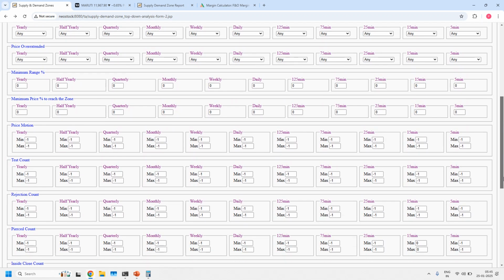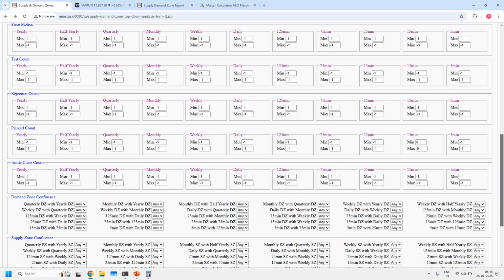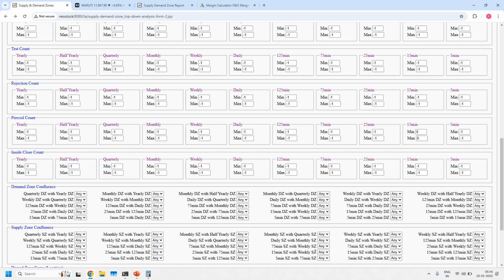Now scroll down and go to the supply zone confluence. Here we have to set 3 filters for LTF, ITF, HTF zone confluence, the supply zone confluence filters. We already set the first filter, LTF and ITF supply zone confluence. The remaining 2 filters: the next one is LTF and HTF, that is 15 minutes and daily.